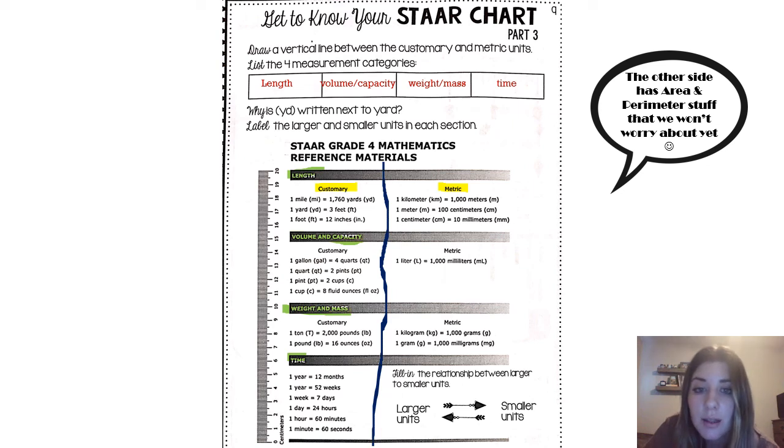And we can see within that the customary units we went over and the metric units. Now it says, why is YD written next to yard? That's a great question. Everything written in these little parentheses are abbreviations. A lot of the times we don't write out the whole thing.